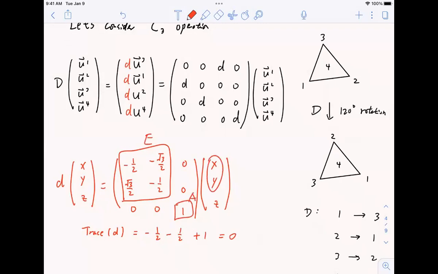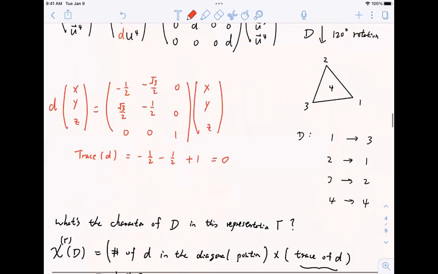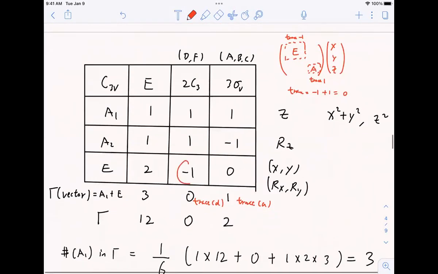So the XY transform in one way, the Z transforms in another way. Sum together, you have -1 for this one and 1 for this one. -1 plus 1, you get 0.